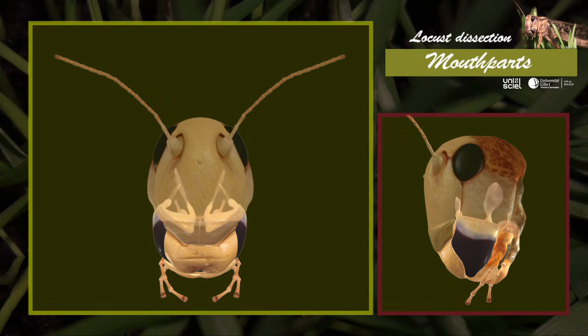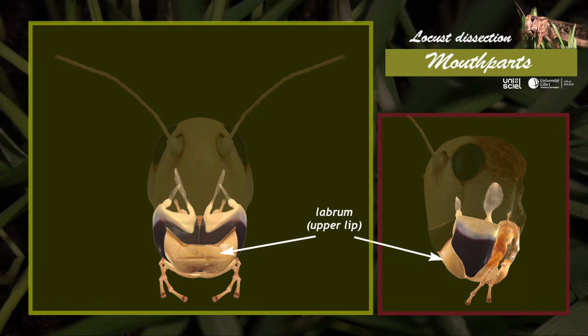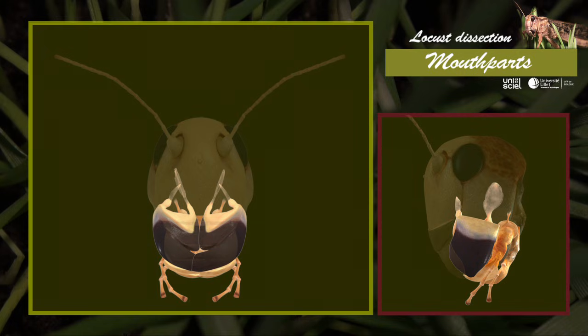The first mouthpart is the labrum, or upper lip. Behind the labrum are visible 2 triangular-shaped powerful pieces, the mandibles.